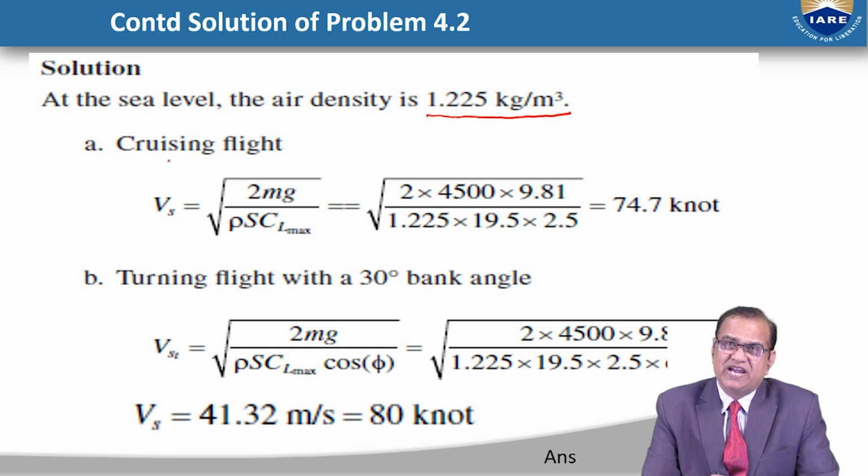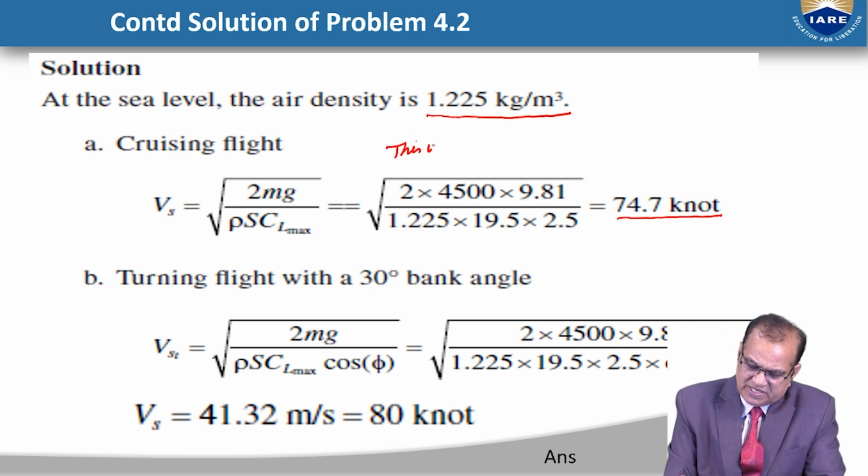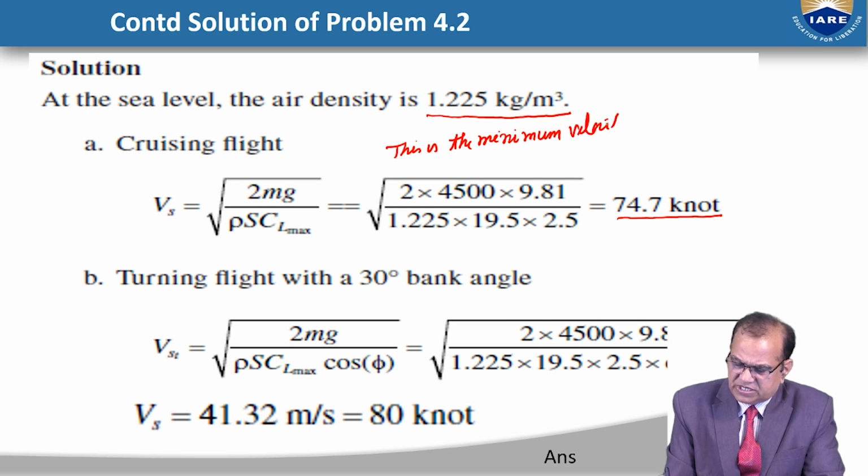You know that for the cruising flight Vs is equal to under root 2W by rho S CL maximum. W is equal to mg. So 2 into m, which is given as 4,500, times g, 9.81, divided by 1.225 into 19.5 into CL maximum, whole under root. We will get 74.7 knots. This is the minimum velocity of the aircraft.